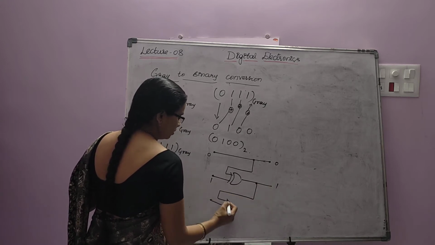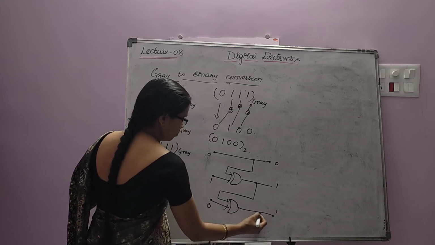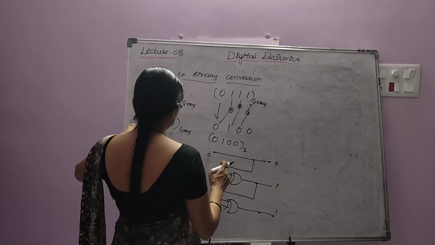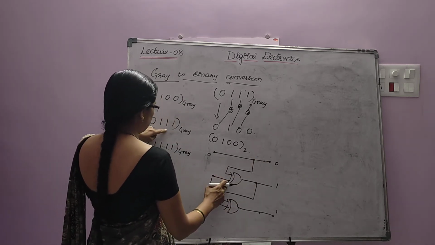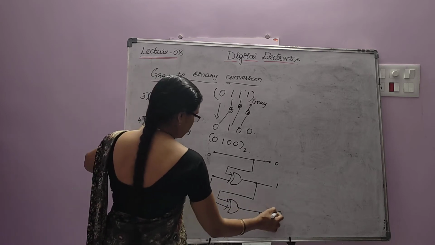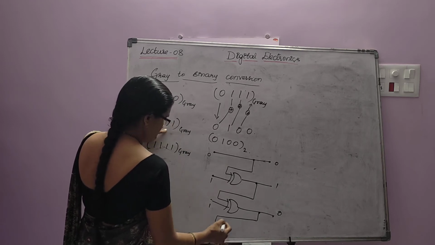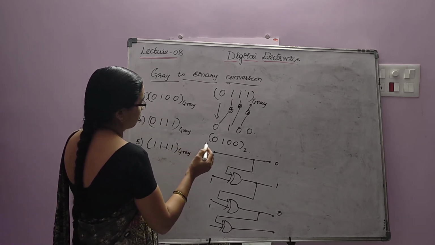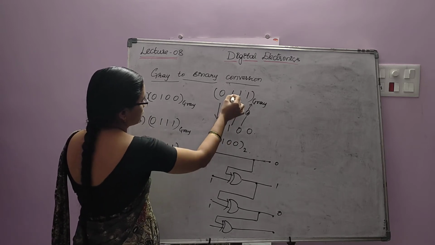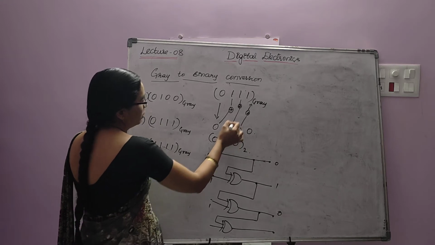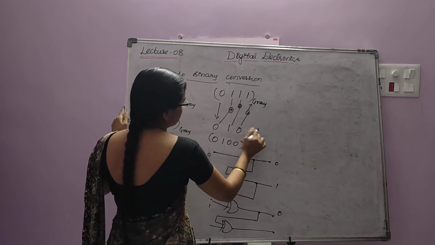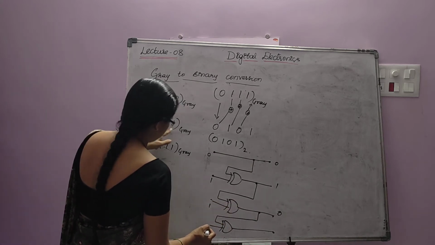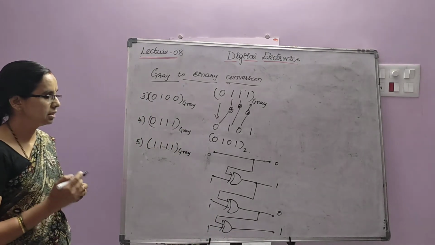This 1 is XOR with 0, 1 XOR 1 is 1, 0 XOR with 0, 0 is written like that, 0 is XOR with 1, and 1 is XOR with 1, that is 0, that 0 is XOR with, just a minute, oh, 0 is written like that only. 0 XOR 1 is 1, 1 XOR 1 is 0, 0 XOR 1 should be 1, sorry, and this 0 XOR 1 is 1. So 0 1 0 1.